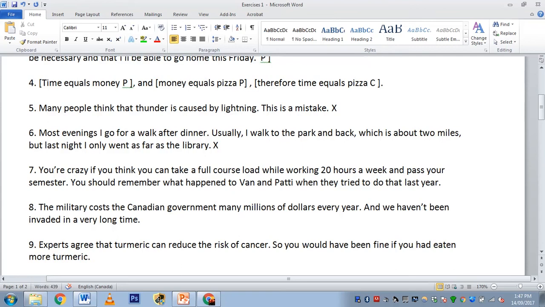Sounds like an argument. Okay, so if this is an argument, what's the conclusion? You're crazy to think, blah, blah, blah. Well, I think not just you're crazy, so there's a conditional in there. You're crazy if you think this, right? So it's not just saying you are crazy, it's saying on the condition that you think this. So the whole conditional is the conclusion.